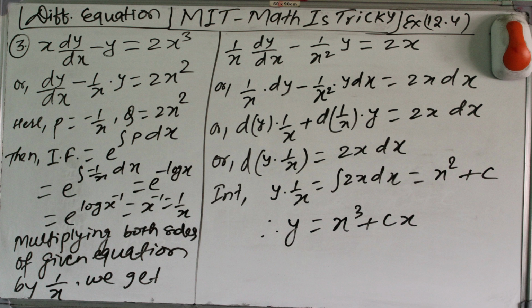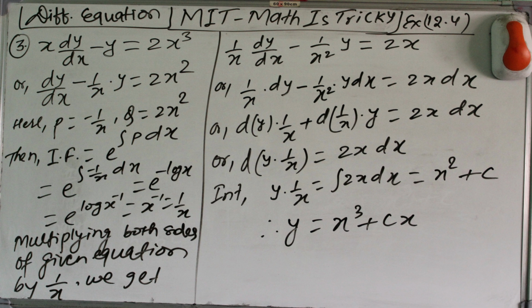So now the left hand side can be written as the derivative of y into 1 by x, and the right hand side is as it is. So now by simple integration we'll get here y into 1 by x on the left hand side equals integration of 2x dx, which is x square plus c, and hence y equals x cube plus cx, which is our answer.